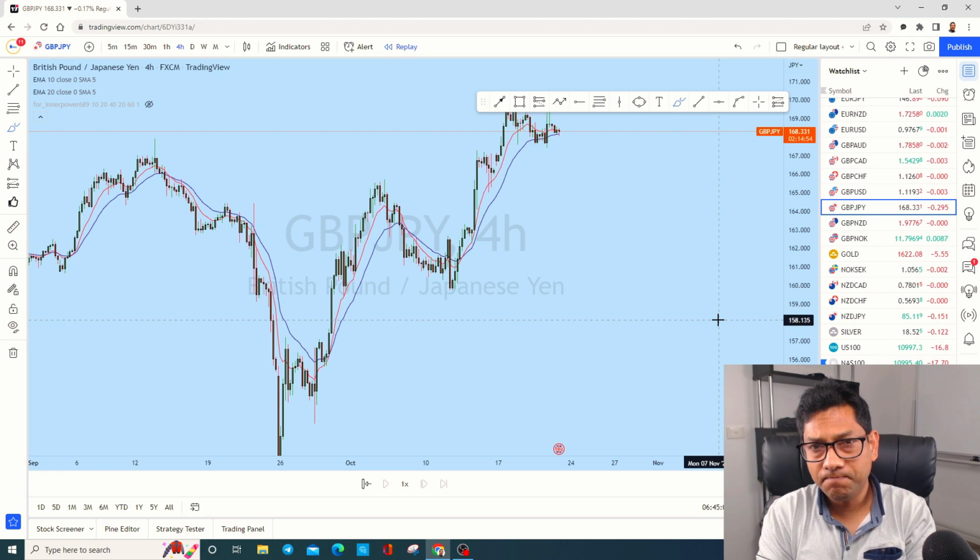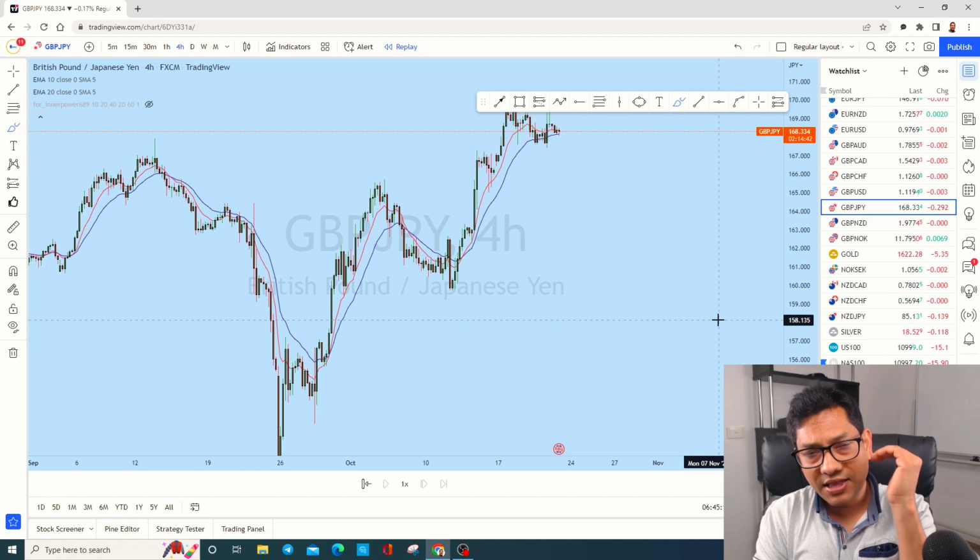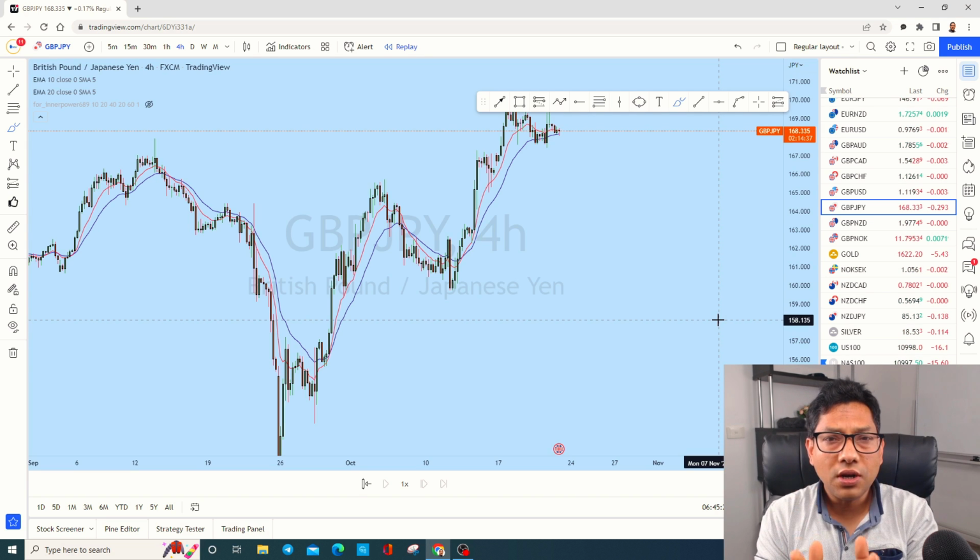Then you need to first look at the trend on the hourly or the 4-hour time frame. On the higher time frame, there will be an impulse and then a pullback, and then impulse and then pullback. Do not trade on the pullback, always trade with the impulse.